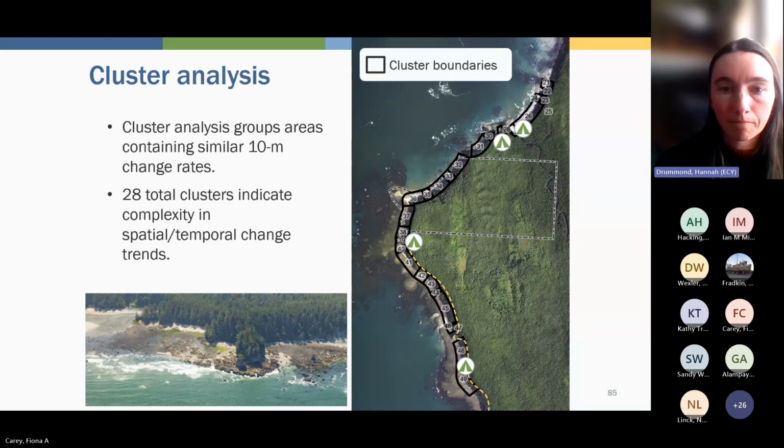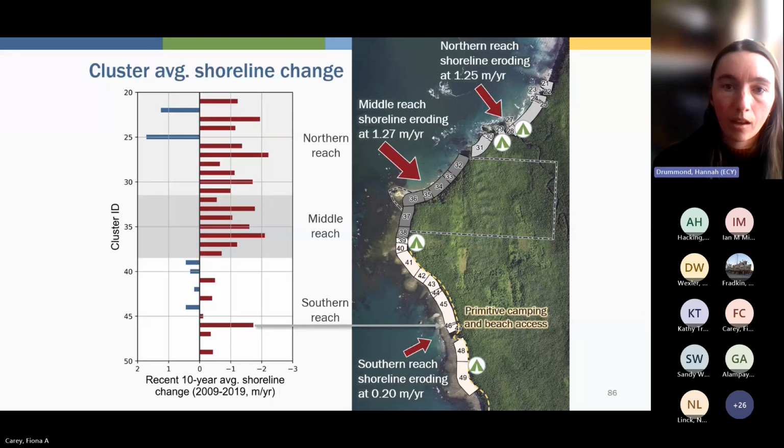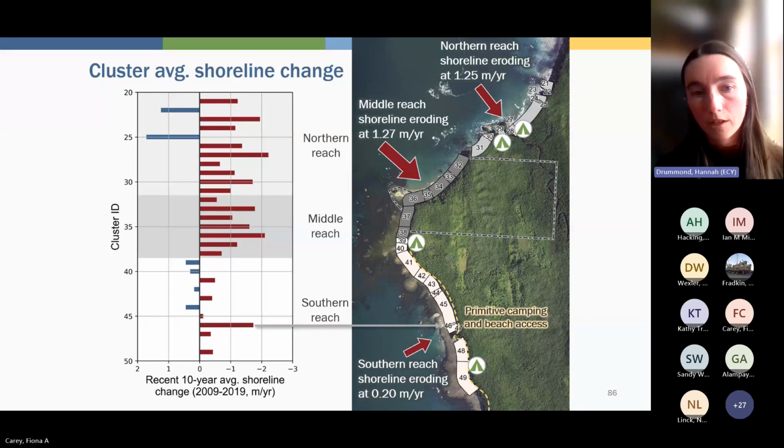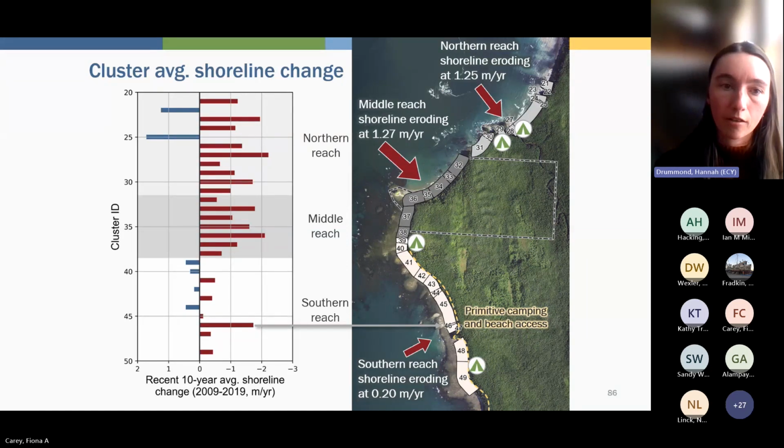Next slide, please. So just to summarize what we're seeing here, this graph is really similar to the one we just saw, but it's averages within those defined clusters, where blue bars are accretion, red bars are erosion. We've seen that same pattern of a lot of red going on. In the northern reach, north of the Ozette Reservation, we were seeing an average of 1.25 meters per year of erosion.